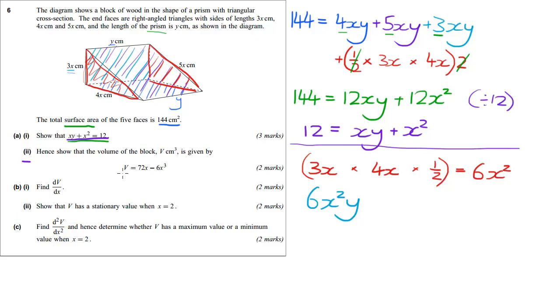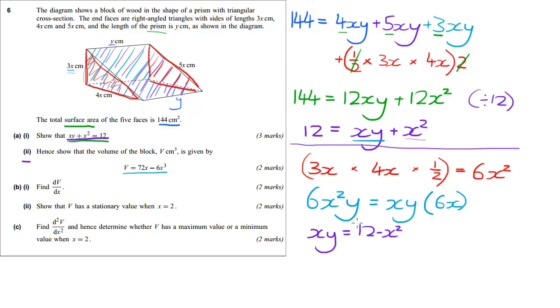So we need to get it into this form with only x's in it. Well, what we can do there is split this up. We can say that 6x squared y is equal to, if we try and get an xy in there, xy times by 6x. That's the same thing, right? I'm just taking xy out of that. And then from this up here, we can say that xy is equal to 12 minus x squared, because I've just taken away x squared from both sides.